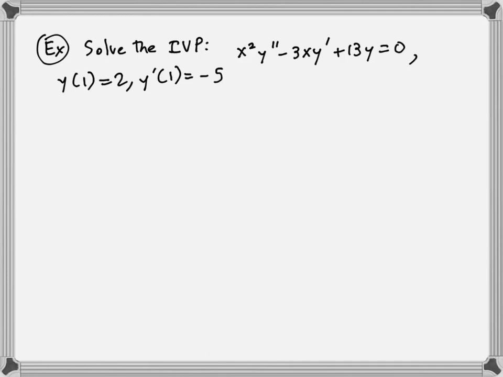Okay, again, look at this, this, and this. That tells us that this is Cauchy-Euler. Once we know we're Cauchy-Euler, we know we're going to let x equal e to the z. And so, what does our differential equation become?